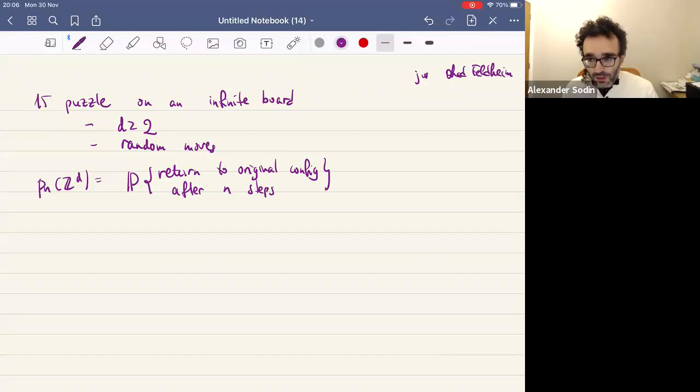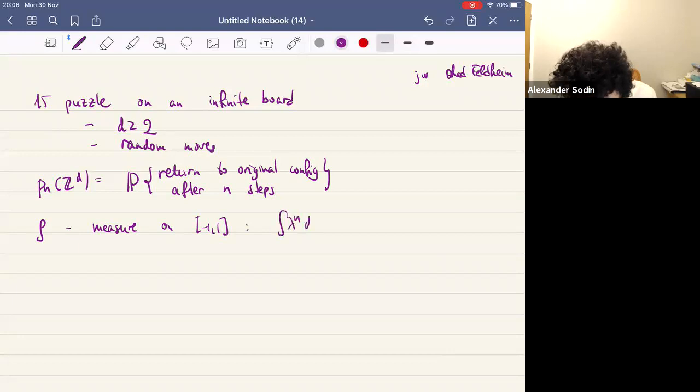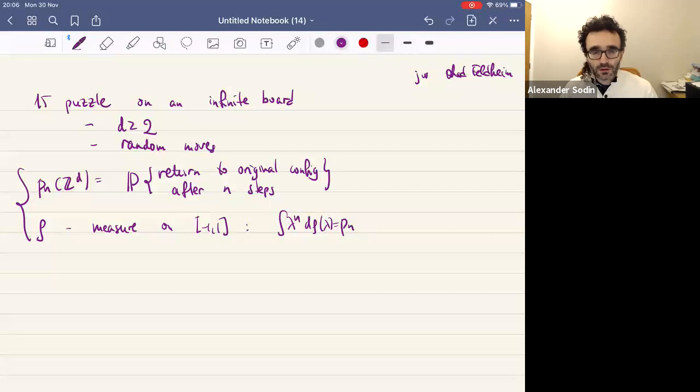And if you don't mind, I'll also consider a measure rho on the interval [-1, 1], which has these numbers as its moments. Is the setting clear?